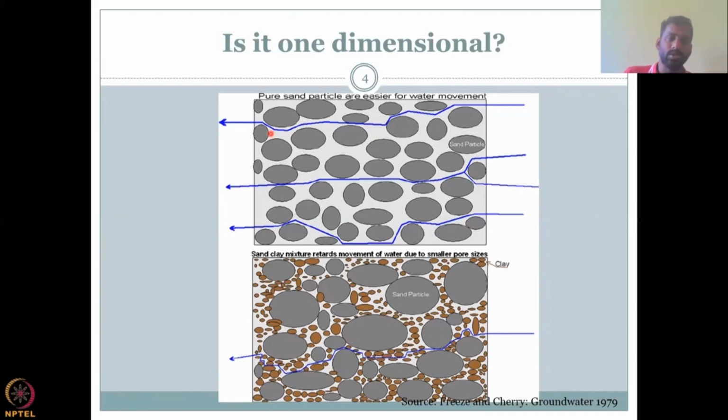If you come to a sand-clay mixture, as you see here, you have the same sand with clay and other particles inside. Then the pore space is there, but it is not well connected. It is retarding the movement of water, which means stopping the movement of water, and that is not good for the intrinsic permeability because the effective porosity is very low.